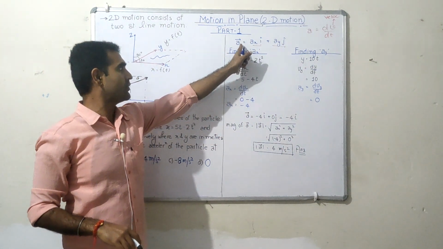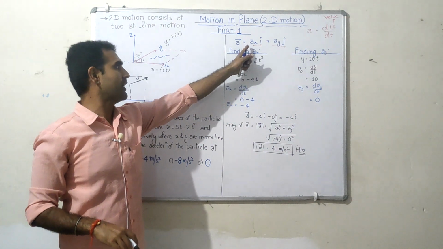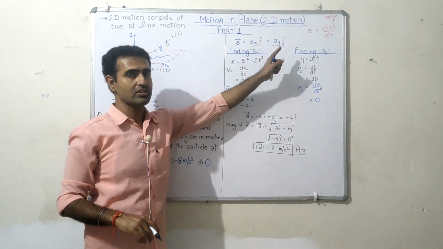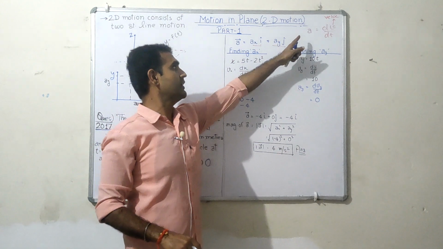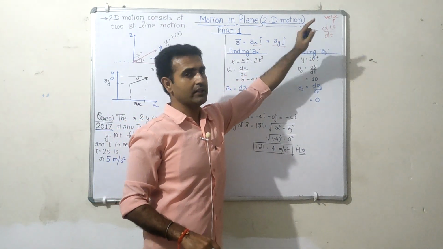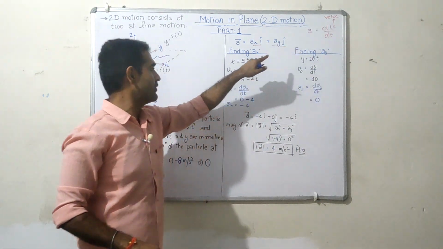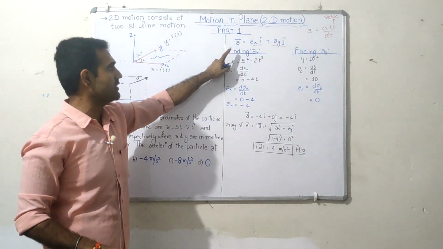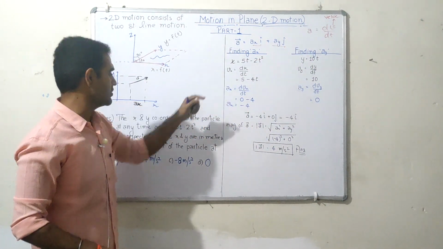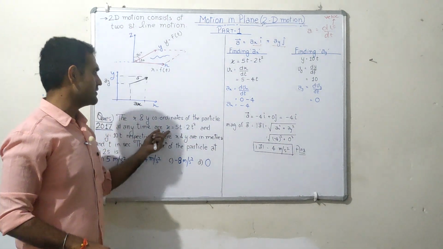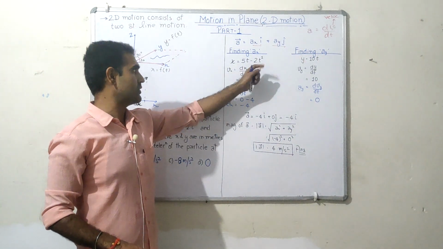So in order to find the acceleration vector, we have to find the acceleration in the x direction and y direction. Now we know that acceleration is given by dv by dt, where v is the velocity. First, finding the acceleration in the x direction, we have the equation of motion given in the question: x is equal to 5t minus 2t square.